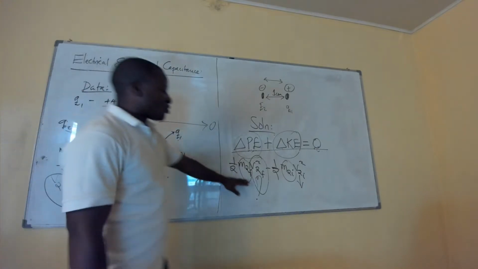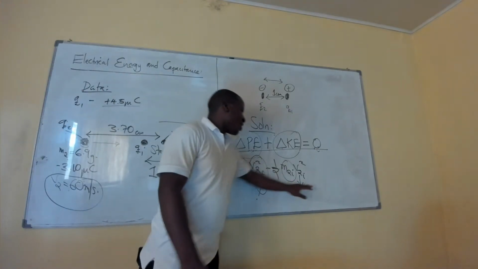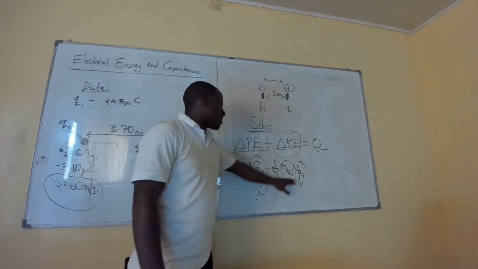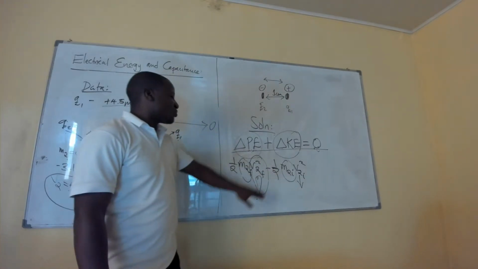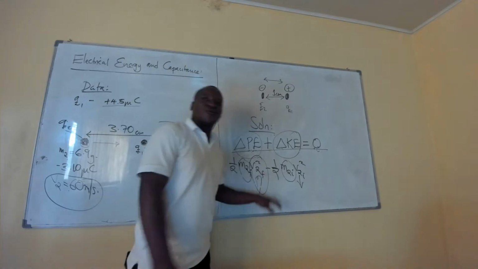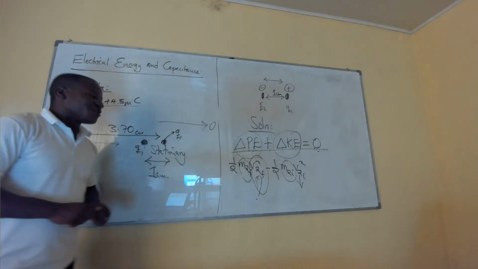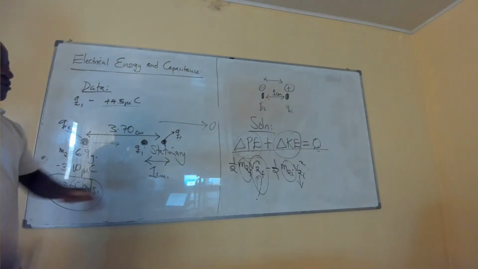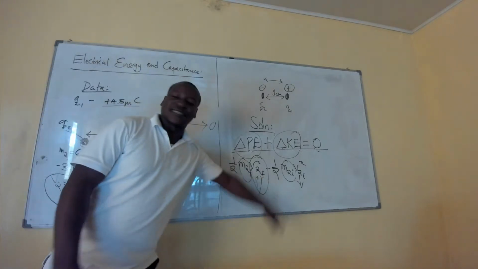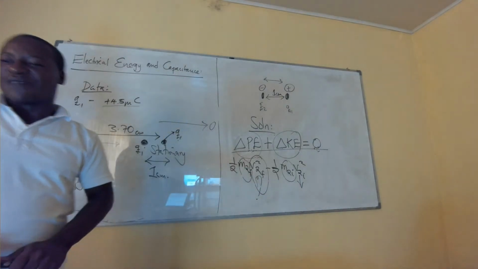So you do the final minus the initial. You have the initial velocity, you have the mass, but you don't have the final velocity. And then you make V2 final the subject of the formula, and you calculate this so well without any problems.